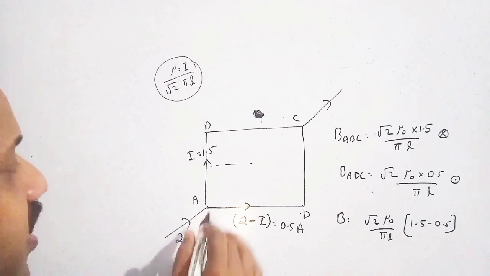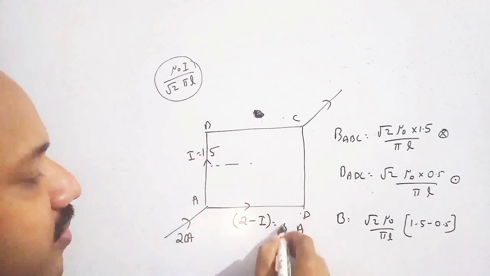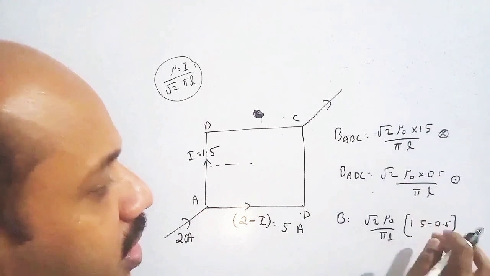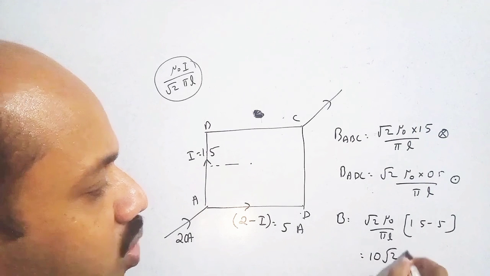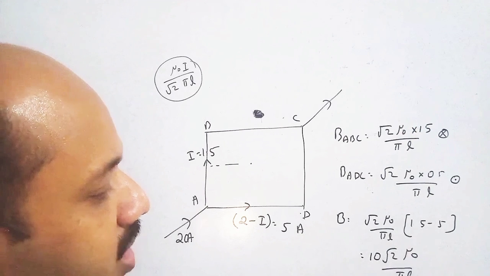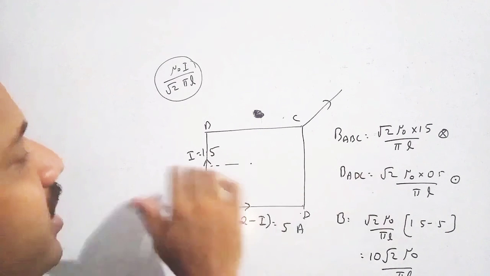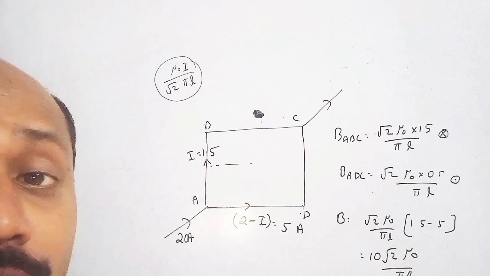Then it is 15 and 5. Now this is 15 and 5, and 15 minus 5 is 10. The answer is 10 root 2 mu 0 by pi L. Instead of 2, they took 20. Therefore we have to multiply each current by 10 times. Then the answer is 10 root 2 mu 0 divided by pi A.